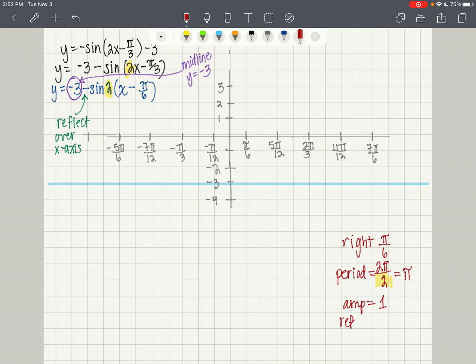And we have a reflect over the x-axis, and we have a translate down 3 units. Now this right pi over 6 is called a phase shift. So the phase shift is going to be positive pi over 6, positive because you're going to the right.